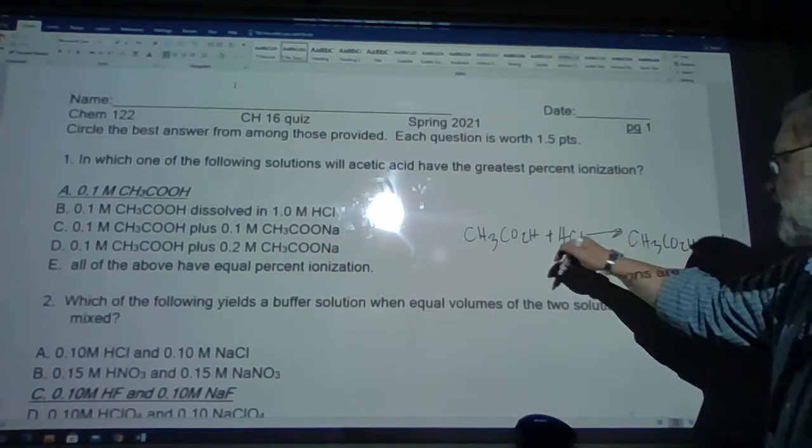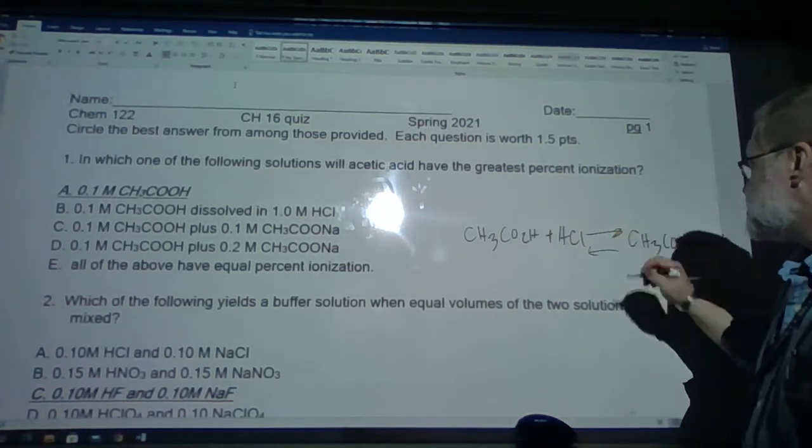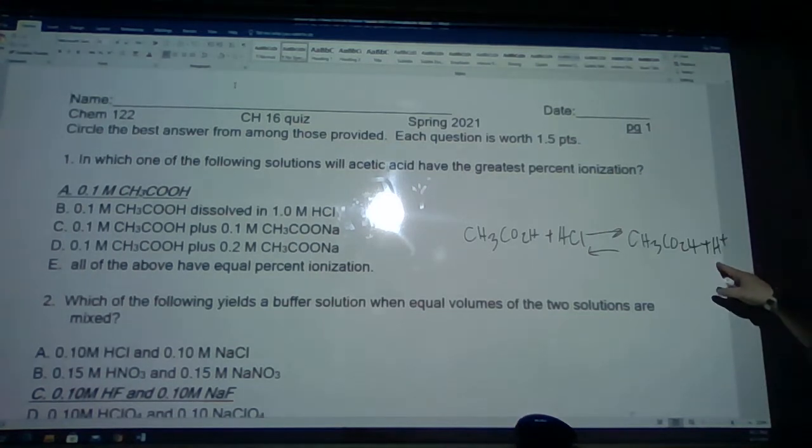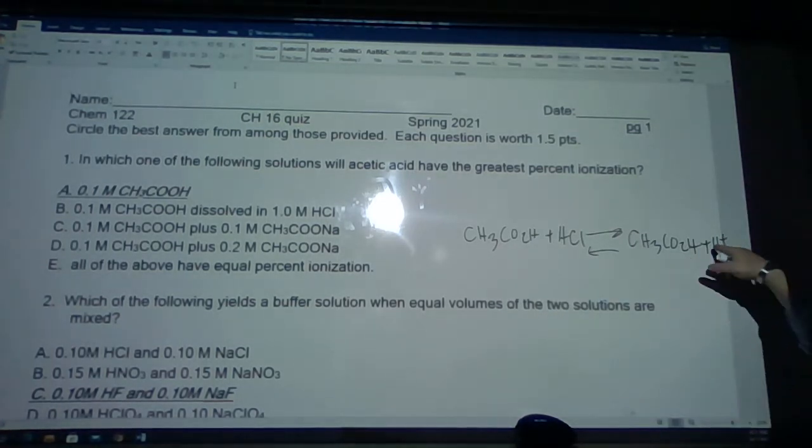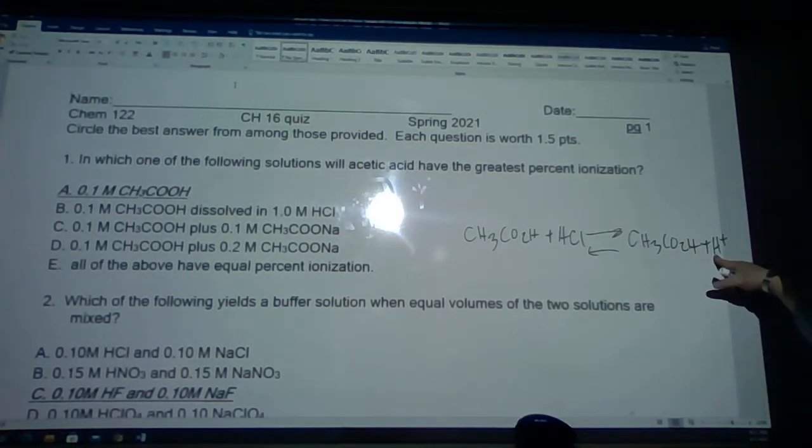As the acetic acid, if it ionizes at all, it's going to produce more H+. What does an equilibrium system do? If more of a product is produced, it shifts back to the left to decrease the concentration of H+.